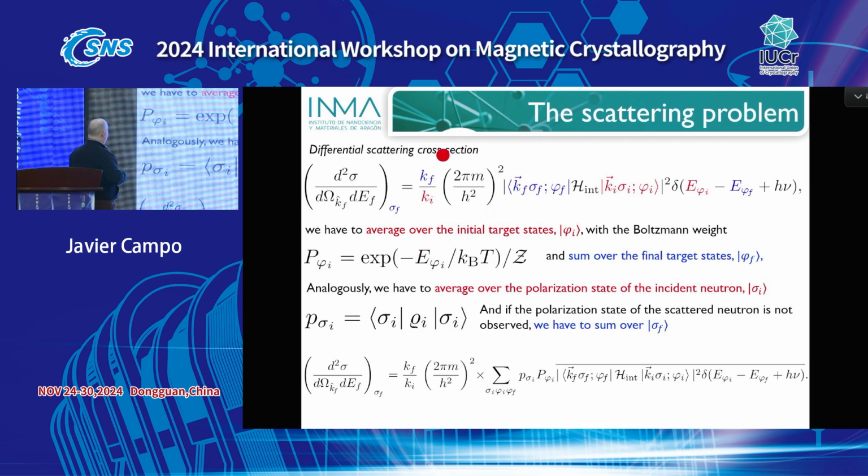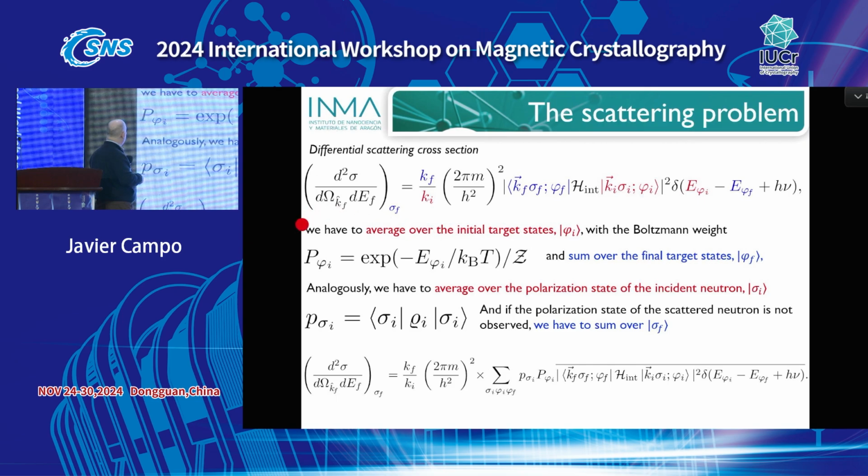Then we need to average this expression over the initial target states. The system can be, we don't know, but it's in a given initial state. The phi is the wave function of the scattered system.